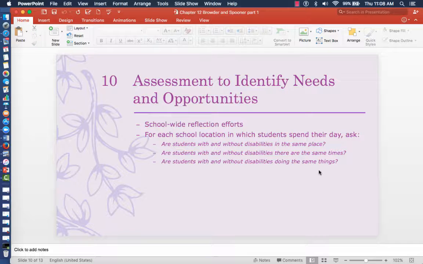Are they all functioning together? Are they doing the same things? So do they have some of the same activities? Now, they may not be on the same level all the time, but do they have the same types of activities? Are they doing the same things at the same times? Okay, so we don't want to separate our students with severe disabilities from the general population because they learn from their peers and their peers learn from them. So this is something very important to kind of look at.